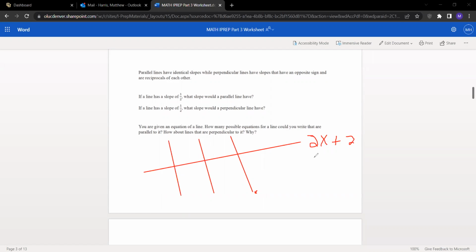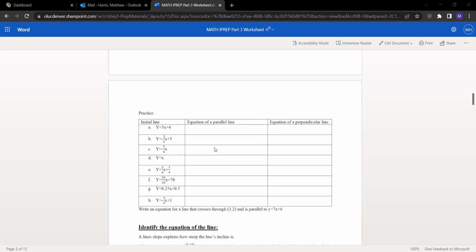Maybe this line is going to be y equals -1/2 of x, maybe -4. And this one right here is going to be -1/2 of x - 8, and so on, right? So we can make infinite other equations that are perpendicular or parallel to any line because numbers are infinite and graphs go on forever and ever if we want them to.